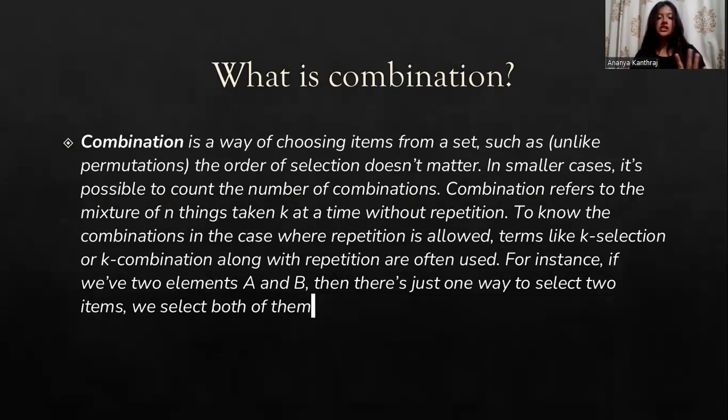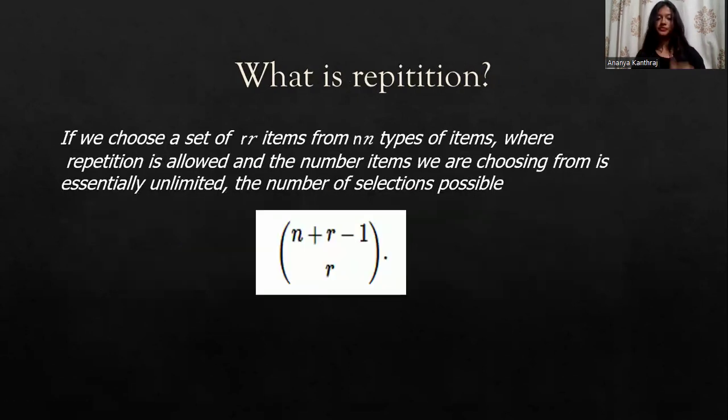To know the combinations in the case where repetition is allowed, terms like k-selection or k-combination with repetition are often used. For instance, if we have two elements A and B, then there's just one way to select the two elements. We select both of them, that is, the selection of both A and B.